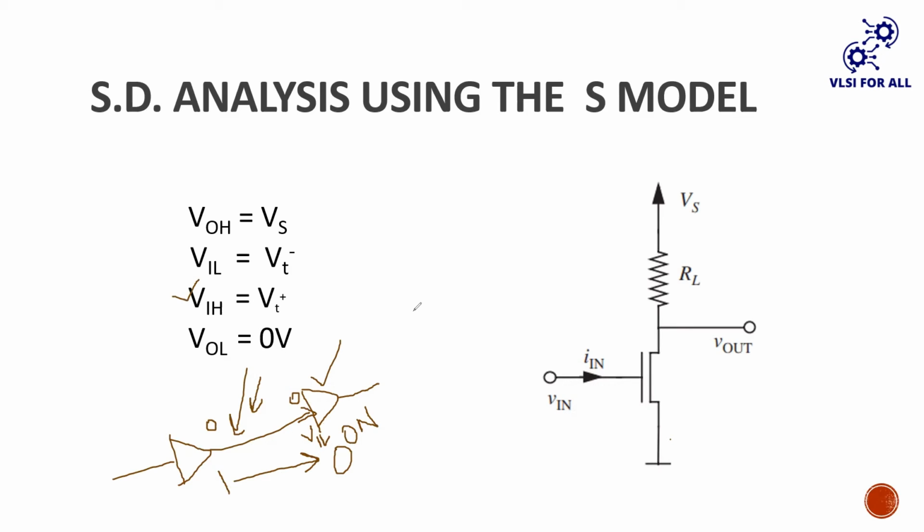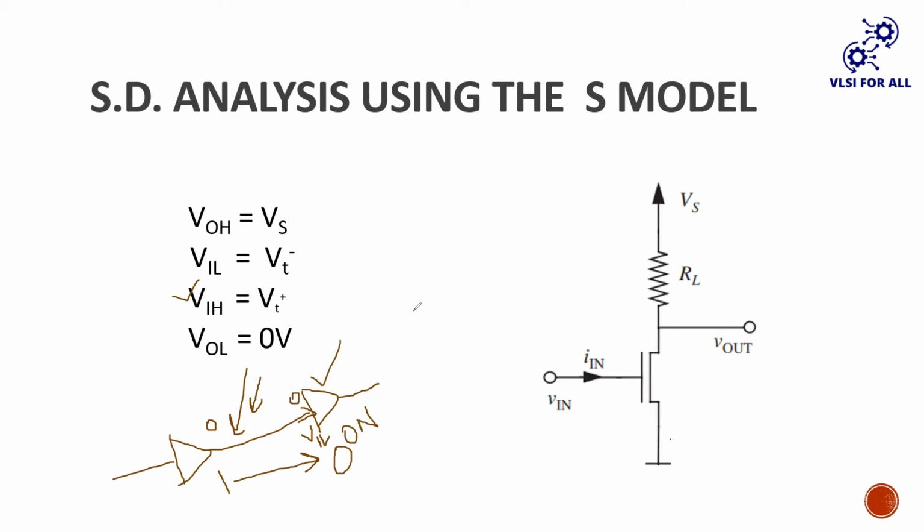Whenever it is more than the threshold voltage, then only the driver element becomes on. Hence, the VIH value must be more than VT. If the VT value is 1 volt, then the VIH value must be 1.01 or 1.1 or 1.001. It must be more than VT. That is the required criterion for VIH. Then only that can be represented as logic 1.